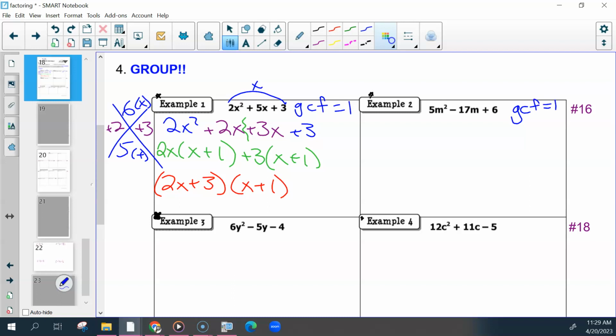Okay, so then multiply 5 and 6. What would that be? 30. So 2 numbers that multiply to be 30, but add to be negative 17. And 2, if they're both negative, that would work.